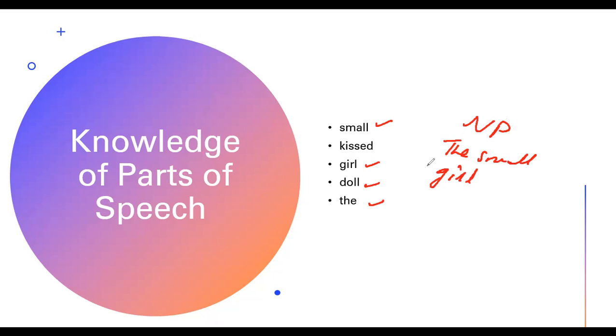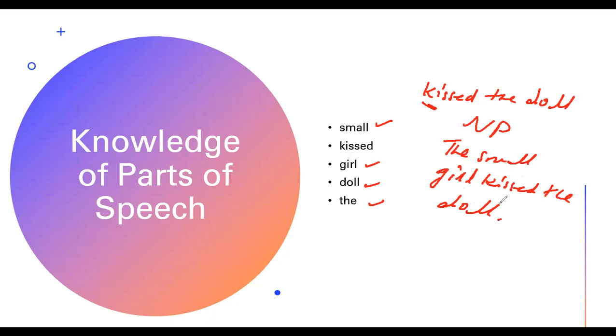So what other combination is possible? If I write over here, kissed the doll. So I know that this is a noun phrase and this is a verb. Now, if I write it over here, the small girl kissed the doll.